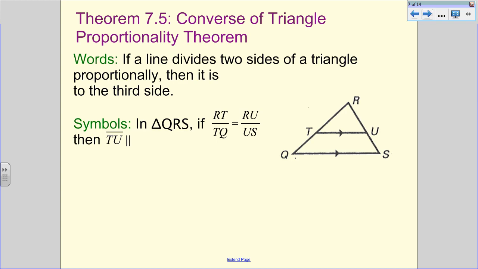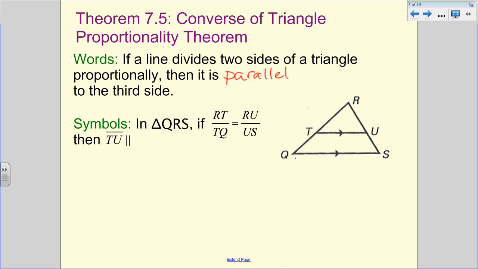All right, so now we have this converse. What we're going to do is, if I can find equal ratios, then we're going to say that the segments are parallel. So in words, what this means is if a line divides 2 sides of the triangle proportionally, then it is parallel to the third side.